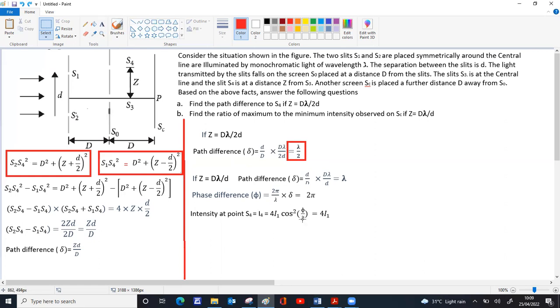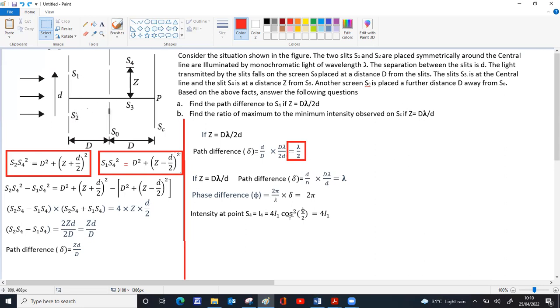Cos pi is minus 1, cos 0 is 1. Square will be 1. So it will be 4I1. So we got the intensity at S4. Now if we get the intensity at S3, we can treat that as I1 and I2 for the second screen. Since S3 is equidistant from S1 and S2, the path difference will be 0.